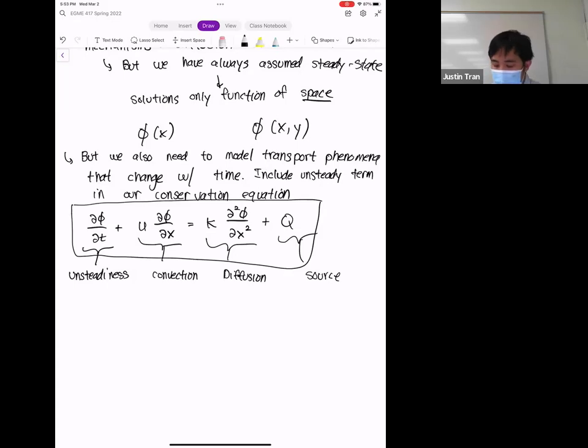But the reason I save time marching to last is because time is just very fundamentally different than space. And so how we approach solving these needs to be different as well. We're still going to use finite differences, but we're going to apply it in a little bit of a unique way.